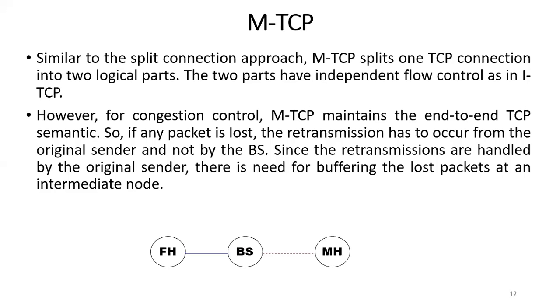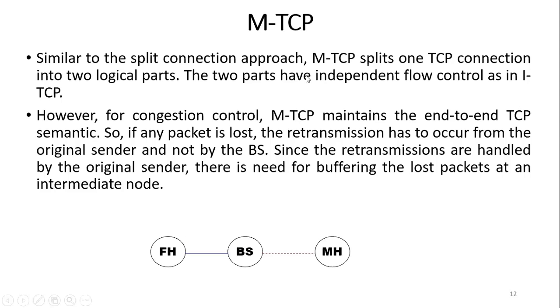Meaning that whenever you have a packet lost, the retransmission has to occur from the sender. It has to come from there. So you don't need any buffering on the way. There is no buffering, so you get rid of that problem. But you see that it's somewhere in between.